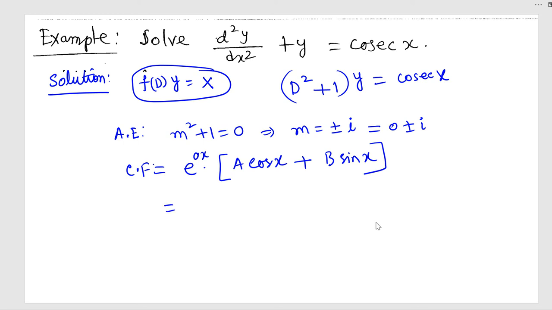So this is nothing but 1 times (a cos x + b sin x).